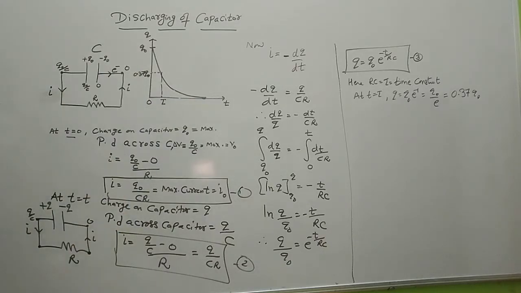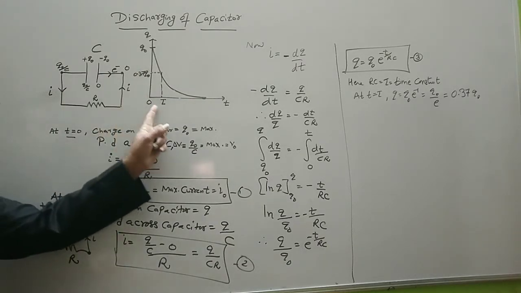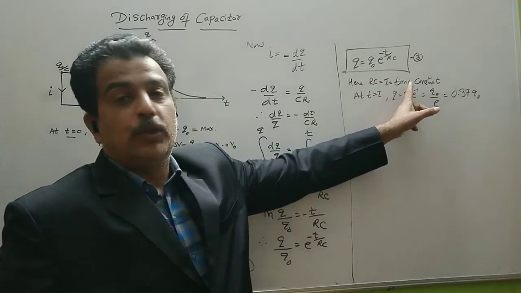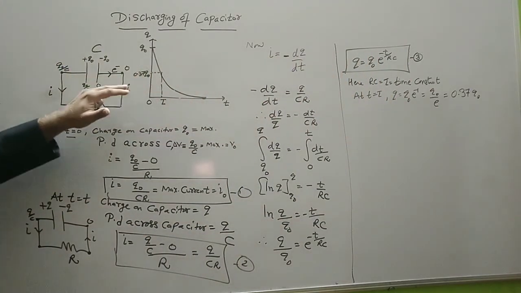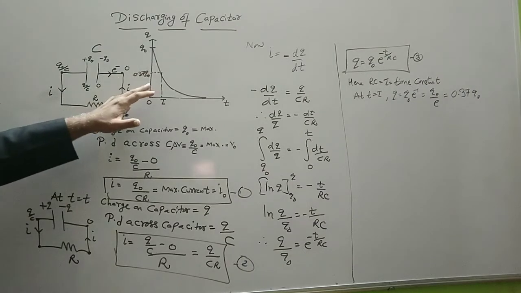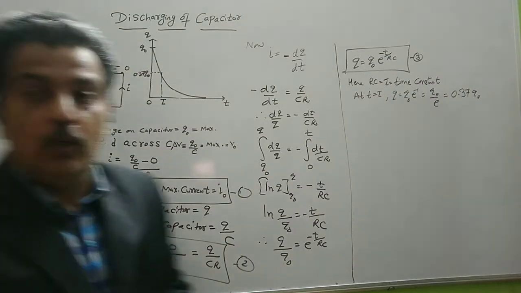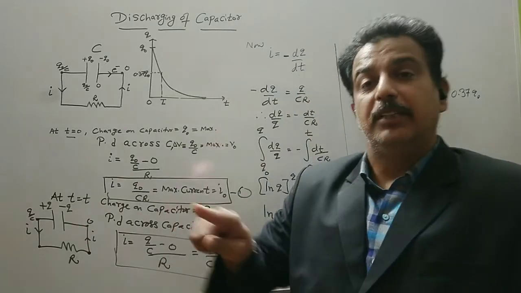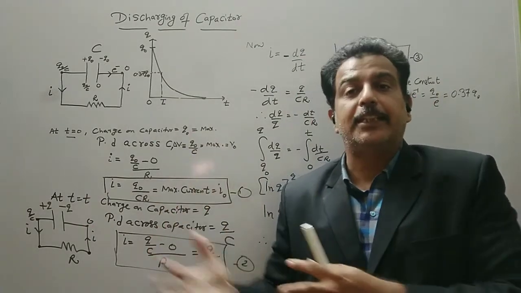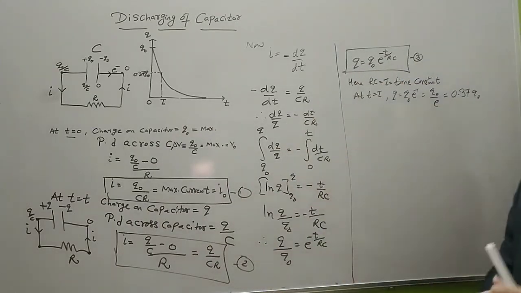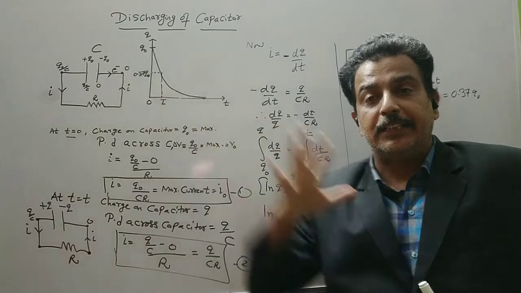So in a time interval equal to the time constant, the capacitor discharges 37% of its initial or maximum charge, and in the same time interval, if it is charging, it charges up by 63%, opposite. So this is all about the charge on a capacitor at any instant.